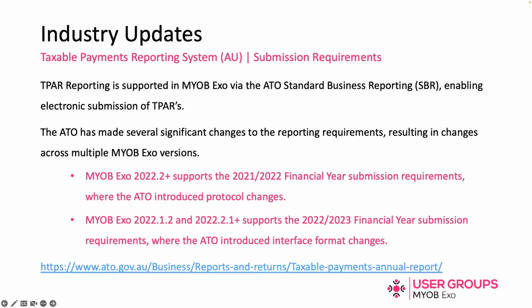In order to support next year's TPAR submission, you will need to be on 2022.2.1 or greater. There is also a patch for 2022.1.2, a little bit confusing, but if you're not sure around your version requirements for TPAR submissions, just reach out to your business partner and they can provide more direction in terms of the versions that are most appropriate for you.